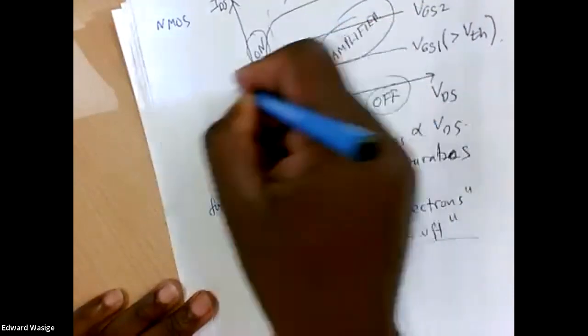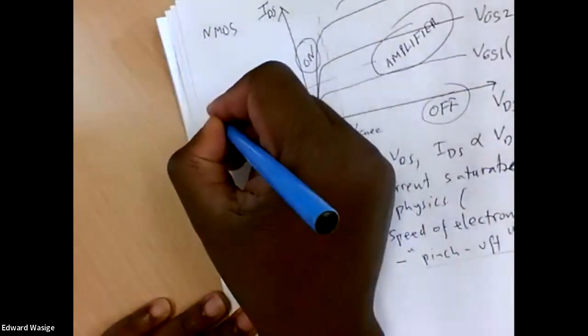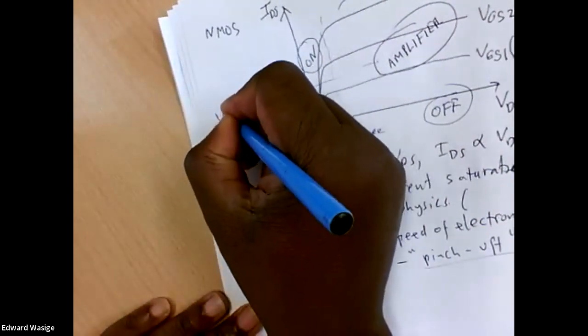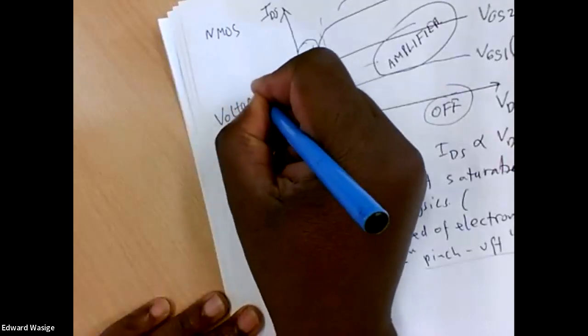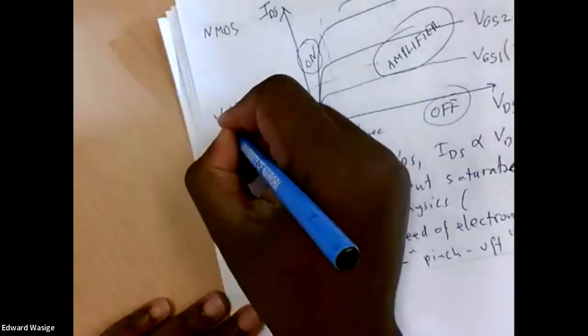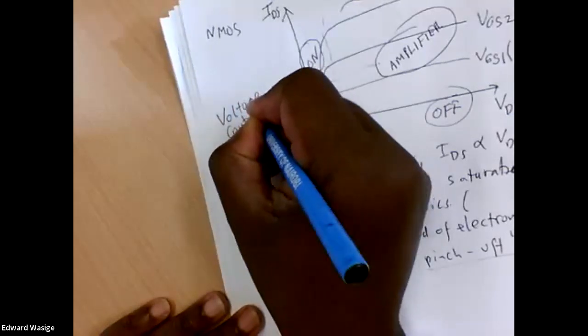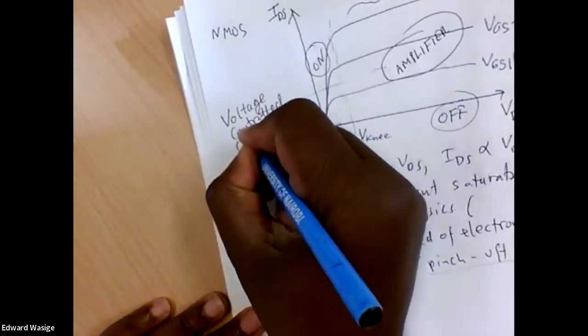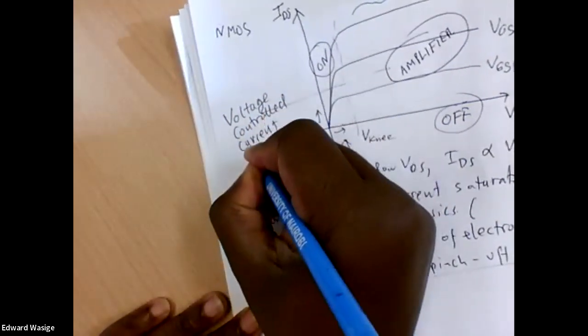Here we can also call the transistor a voltage controlled current source.